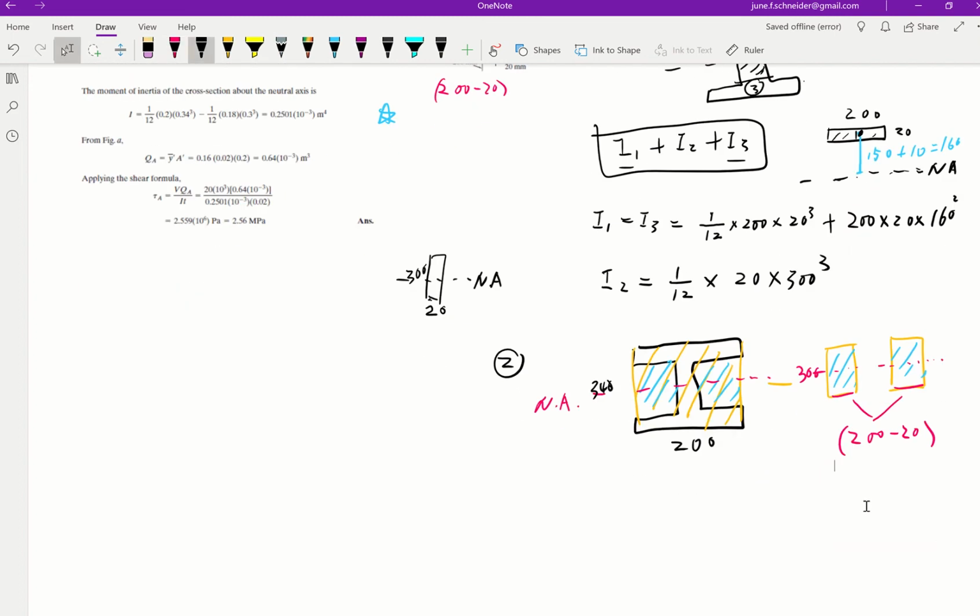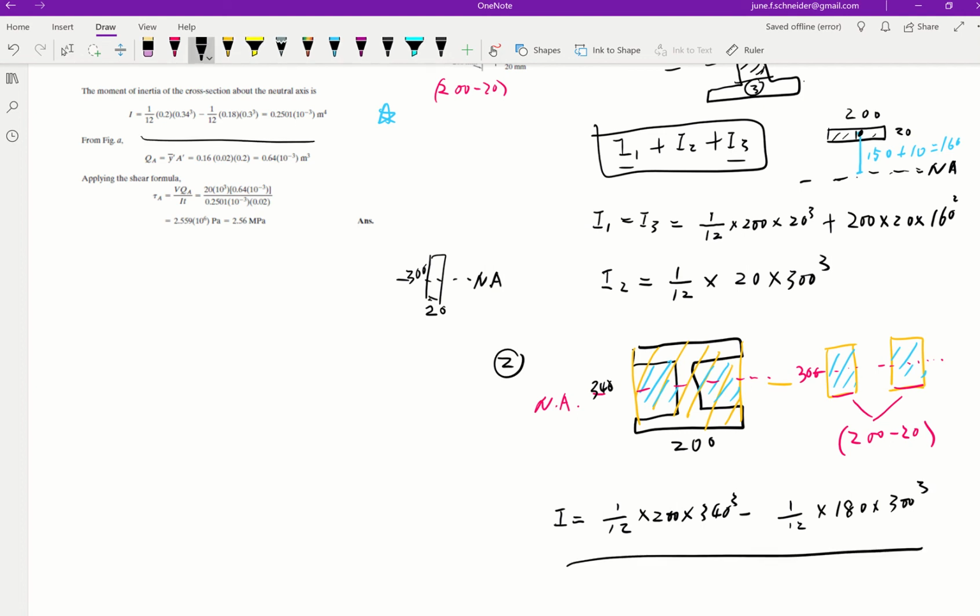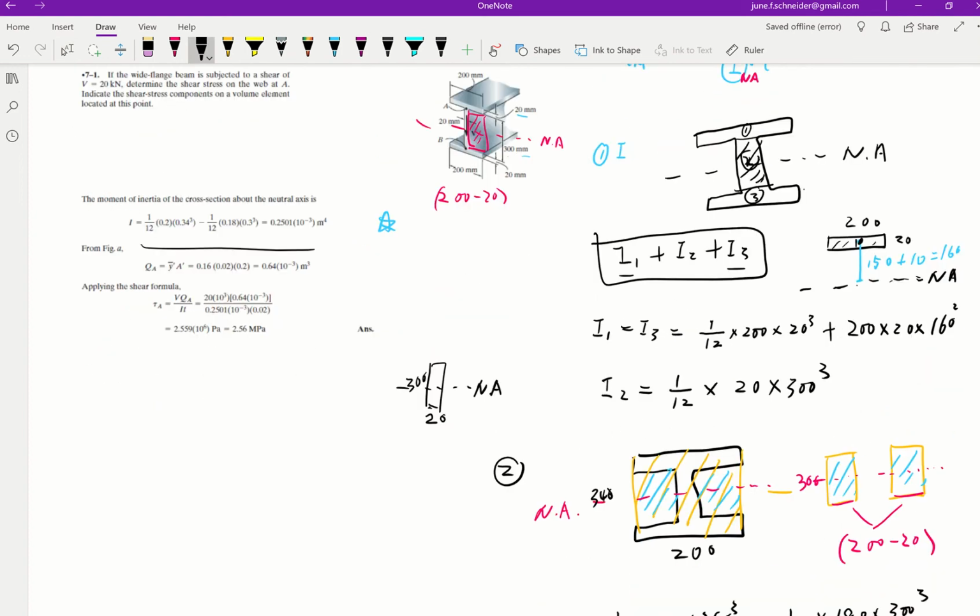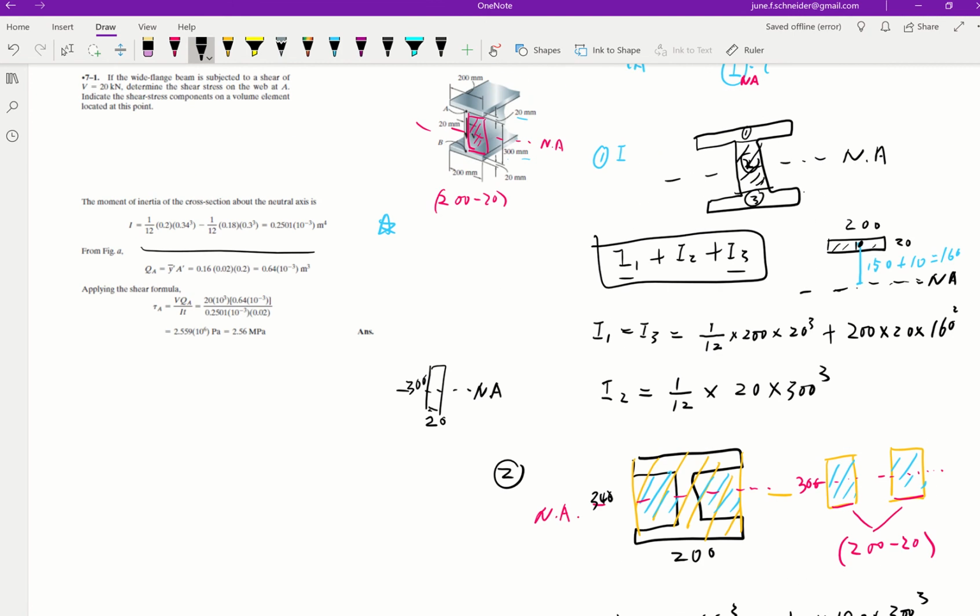Knowing that, our moment of inertia, this I, is going to become this big rectangle, so it's going to be 1/12 times 200 times 340 cubed, minus these two rectangles together, which have a combined width of 200 minus 20. So that's going to be 1/12 times 180 times 300 cubed. And I believe if you compare this one with what they have over here, it's the same number except they changed to meters, while here we keep millimeters. So that's how they get their moment of inertia.